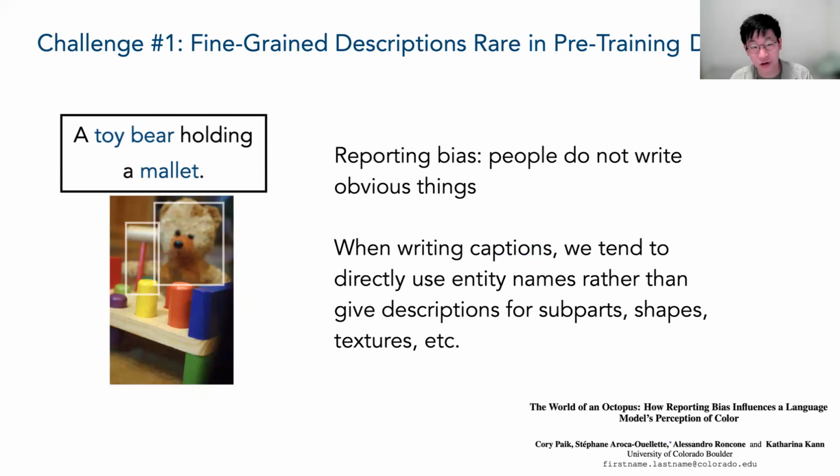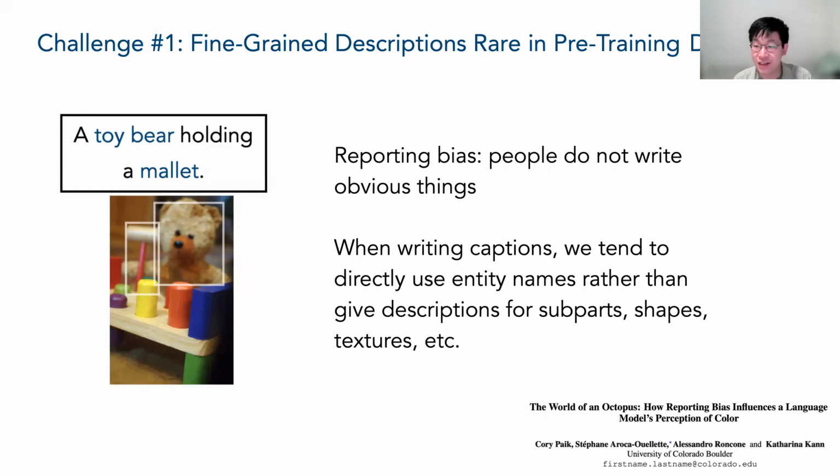So what's the challenge of trying to teach this model to understand more complex language queries? The challenge is very easy to see. The fine-grained queries or descriptions that we want to feed the model at inference time may be rare in your pre-training data. This is because of reporting bias, which in simple words is that people don't write obvious things.